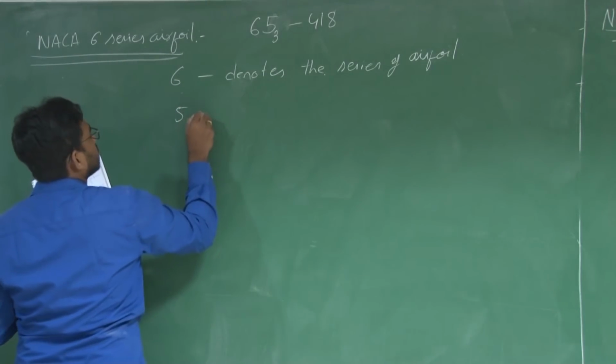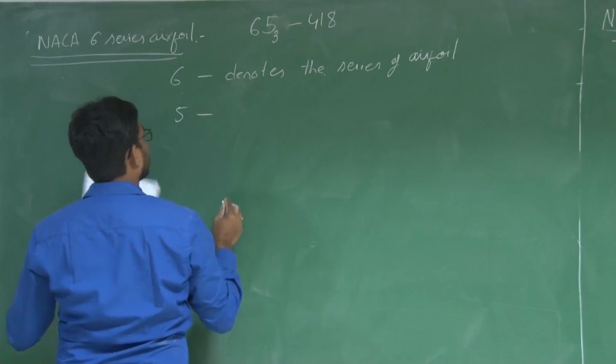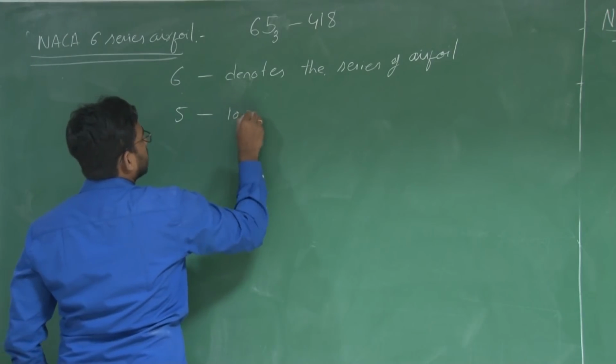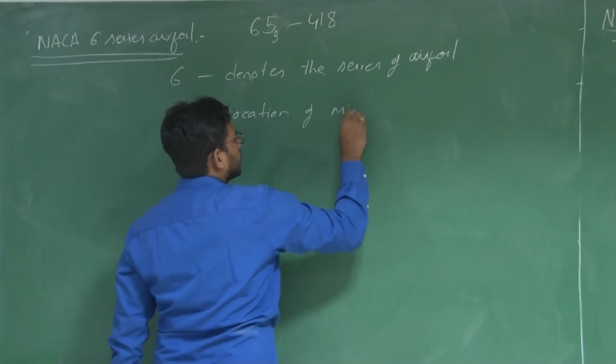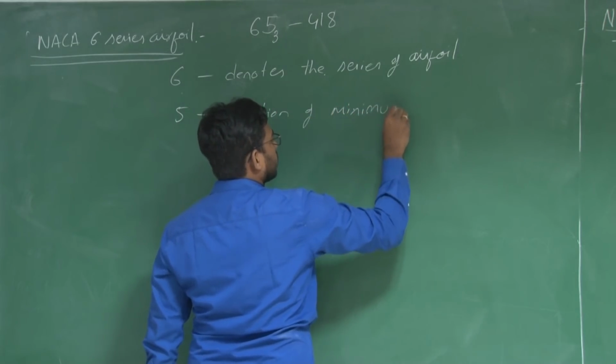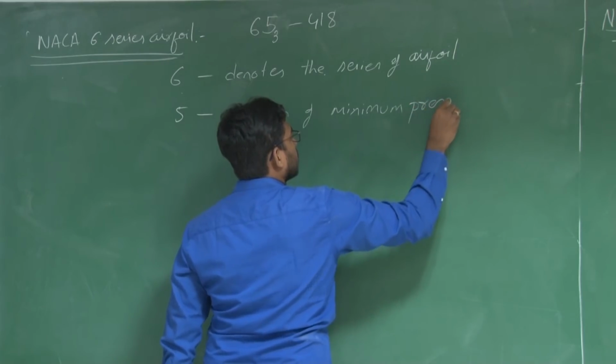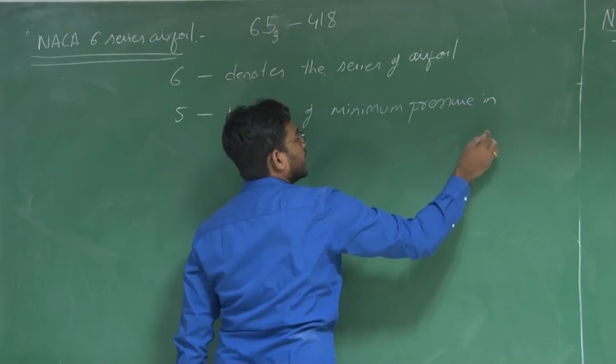And 5 denotes the location of minimum pressure in tens of chord.